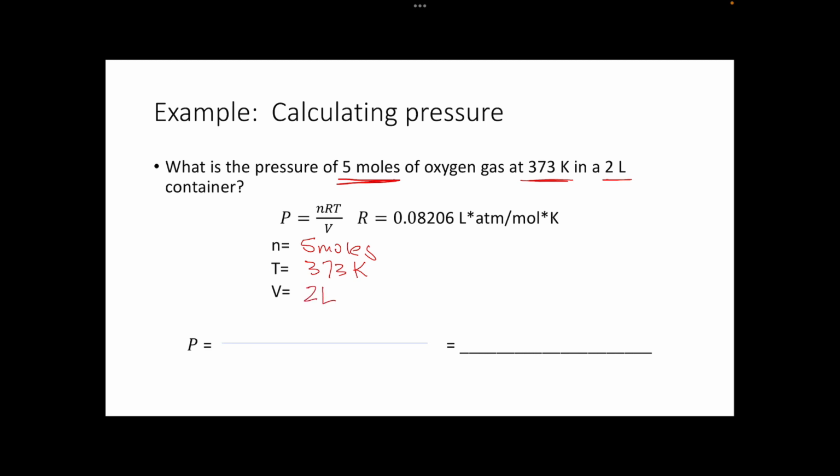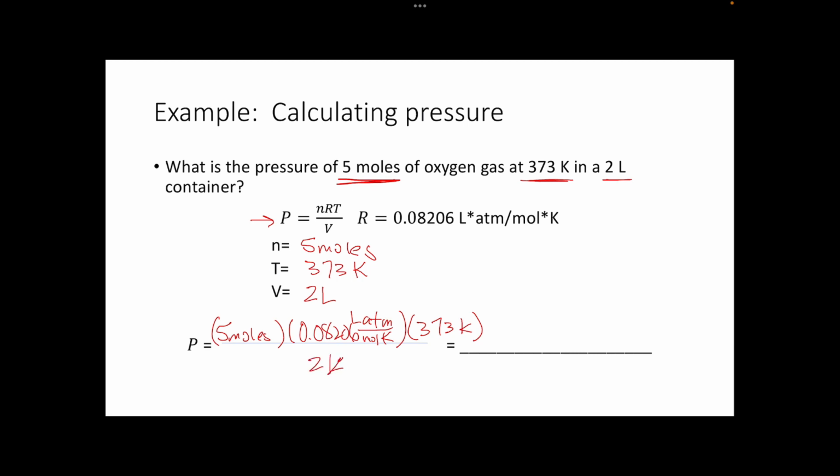If we plug this into our equation here, P equals n, so we want our 5 moles times R, which is 0.08206 liters atmosphere per mole Kelvin, times our temperature, which is 373 K. Now we divide this entire thing by our volume, which is 2 liters.